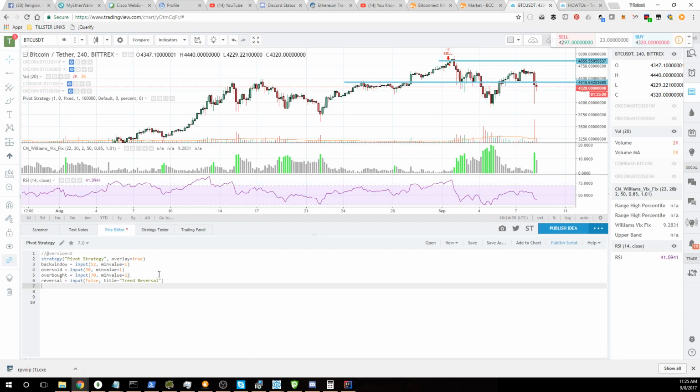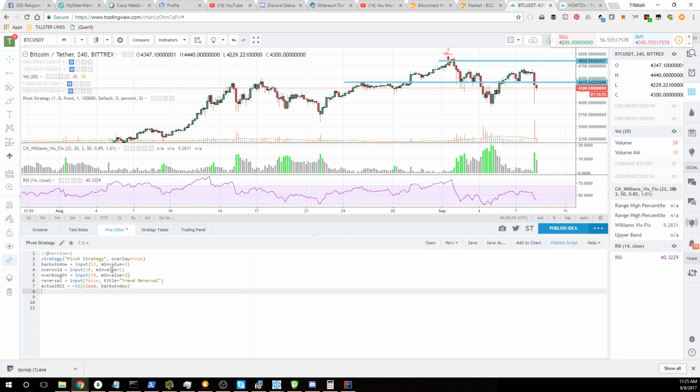What we need to do now is compute the actual RSI. Say actual RSI is equal to, they have a built-in RSI for us. This is where the magic sort of happens for us. If you don't know what the RSI is, you wouldn't know to use the RSI. But since you know what the RSI is, we can say we want the RSI using the close, and we're going to put that into our back window.